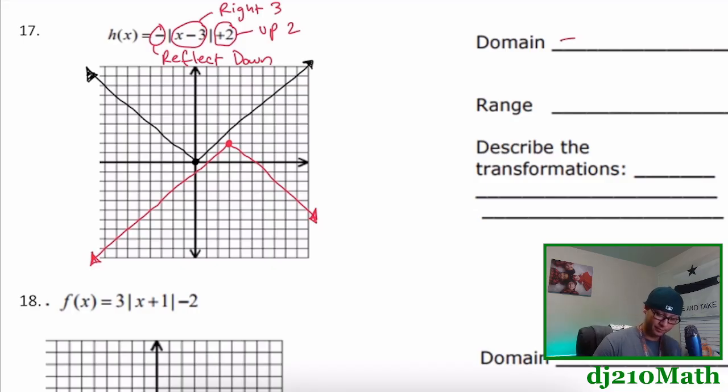Domain, all real numbers, negative infinity to infinity every time. Range, this one's going to start at negative infinity because it's at the bottom, and goes up to the y coordinate of the vertex, which is 2, with the bracket.